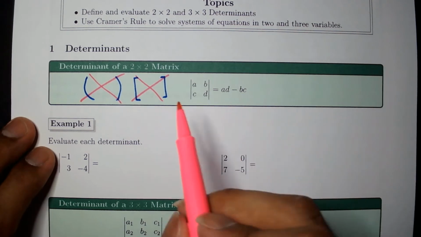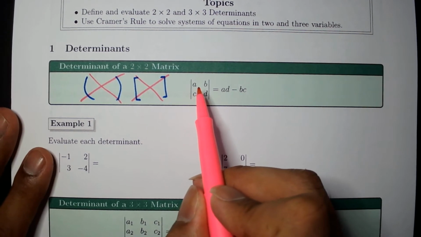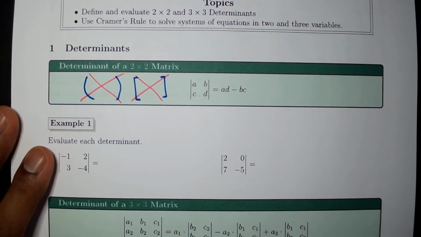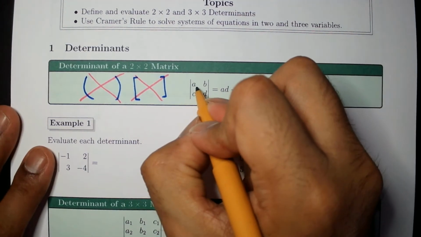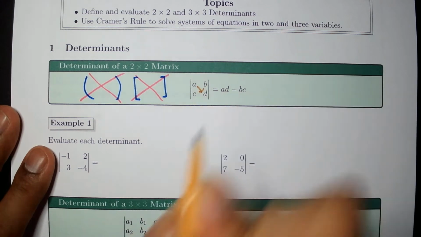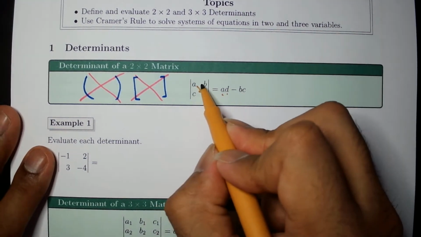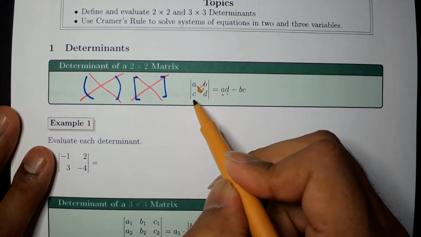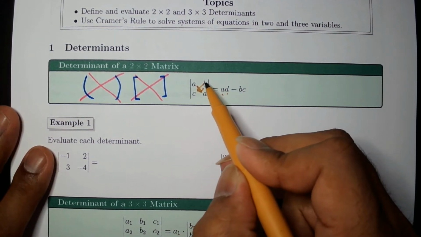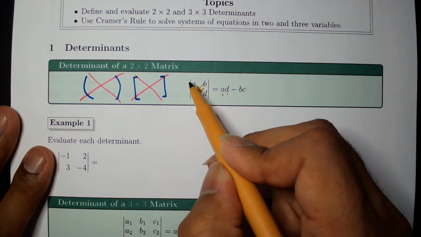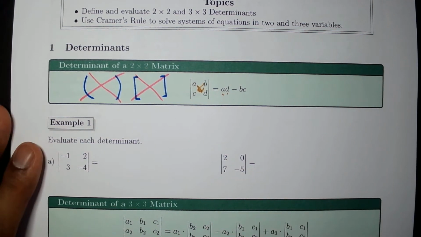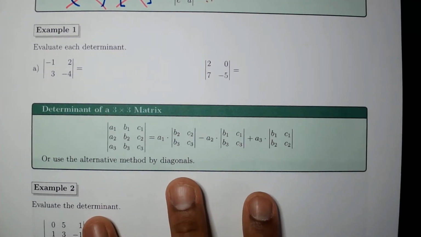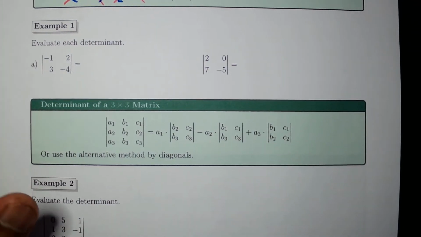If we have a determinant whose input is the matrix A, B, C, D, essentially what we do is multiply AD and then subtract BC. Subtract the product that goes backwards, add the product forward. That is AD minus BC.